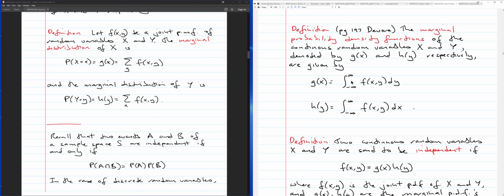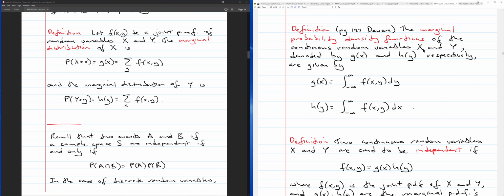In the discrete case, what you get by summing over y is a probability mass function for the random variable x. Now what you have is a joint density function for the random variables x and y, and what we want is a probability density function for the x.